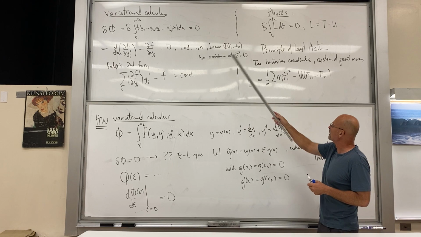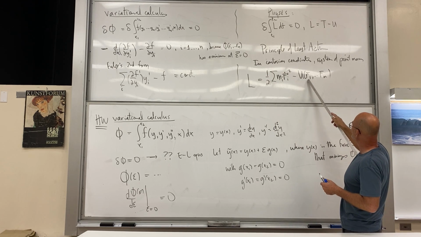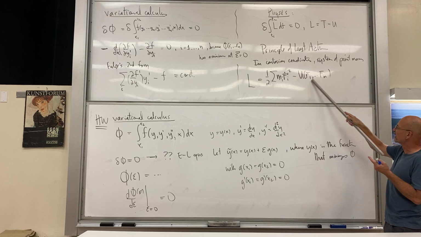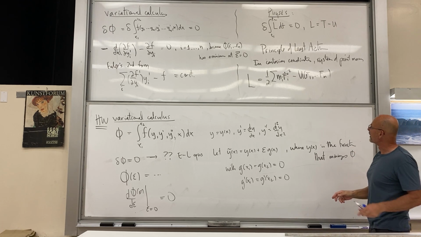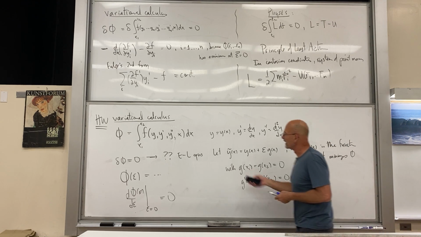I'm going to write these Euler-Lagrange equations down 3 at a time because I have these vectors, which are 3 coordinates at a time for each particle. I'll also erase this.